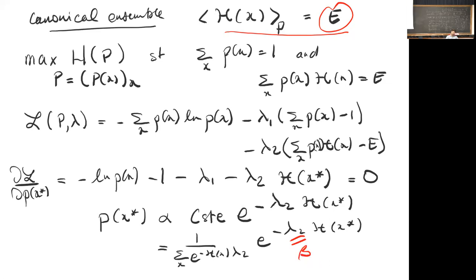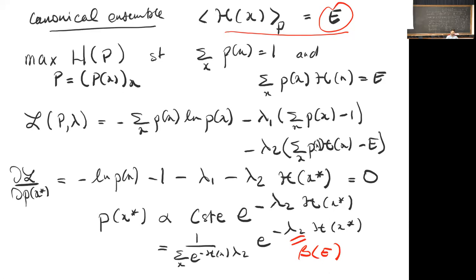It is my beta, my inverse temperature. So there is a temperature, or equivalently an inverse temperature, that depends on E, so that my average energy is equal to E.